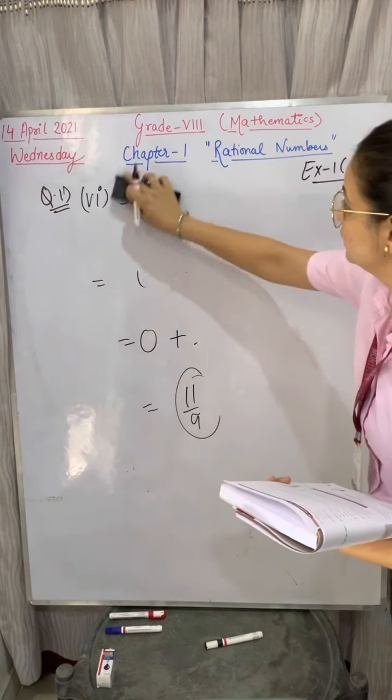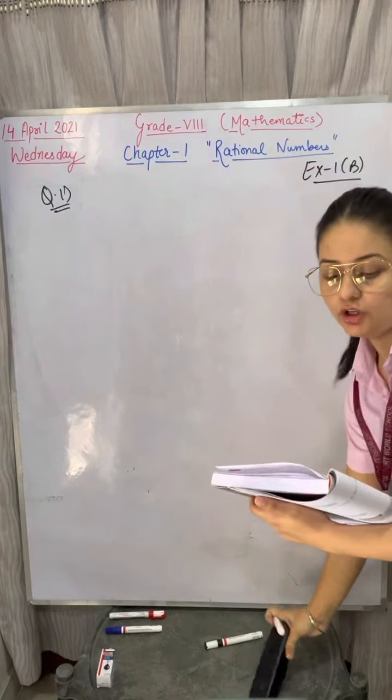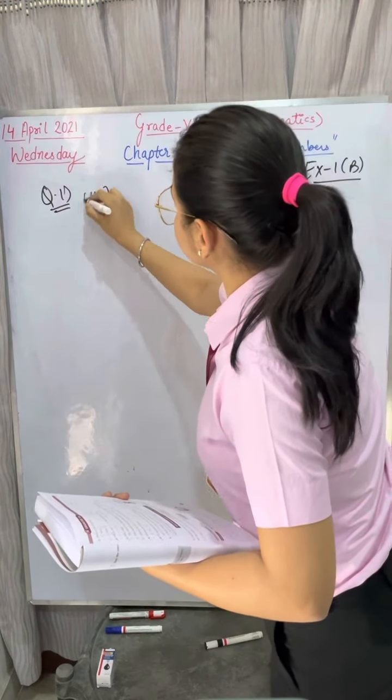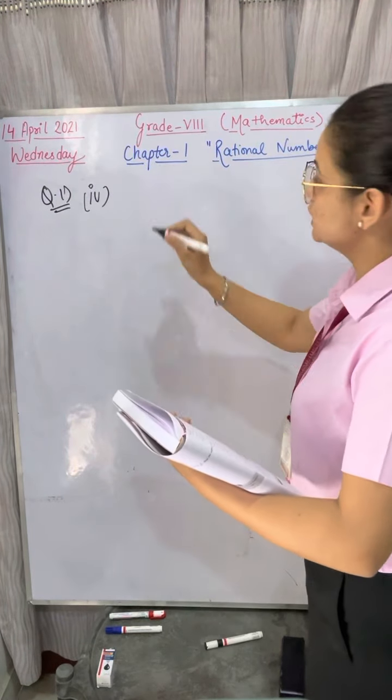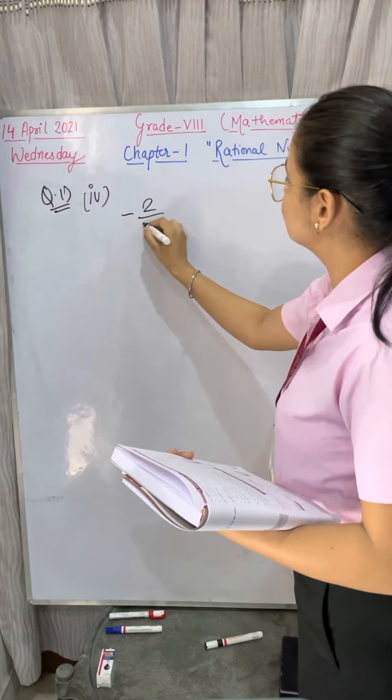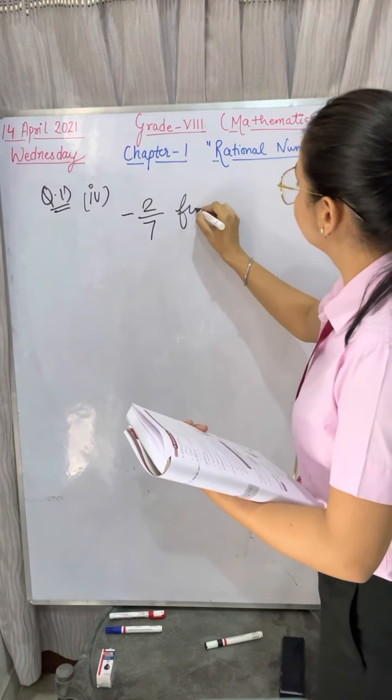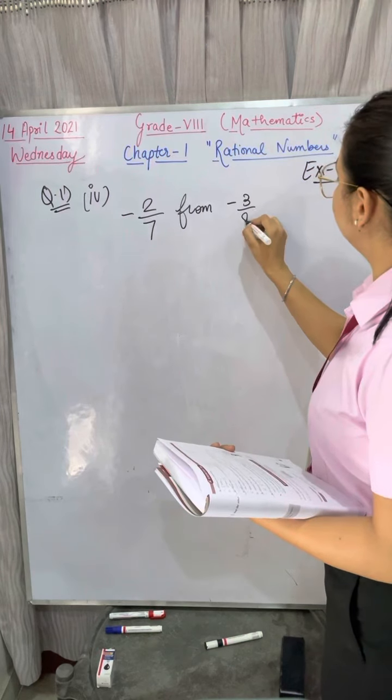Quickly. I'm giving you one part only to do right now, that is my fourth part, minus 2 upon 7 from minus 3 upon 8.